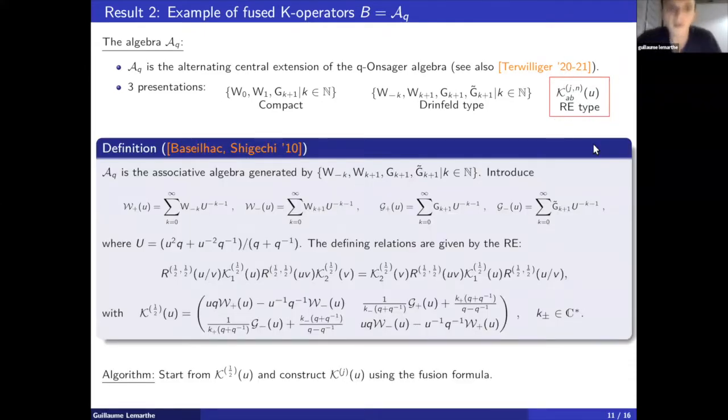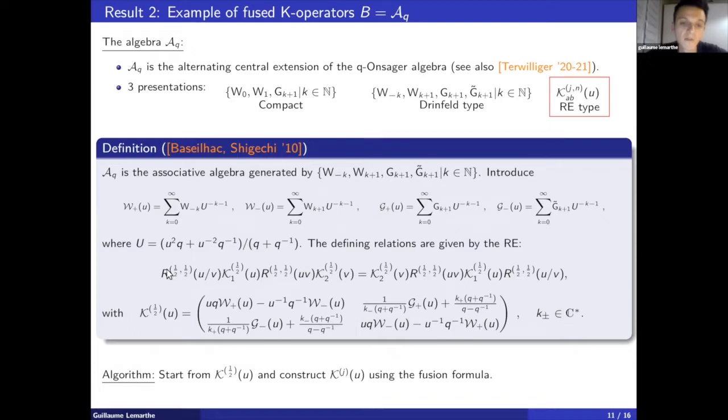Okay, so Aq has these generators, W minus k, W k plus 1, G k plus 1, and G tilde. So now, for convenience, we introduce some generating functions, the W plus minus and G plus minus of u. We define the Aq algebra through the reflection equation algebra.